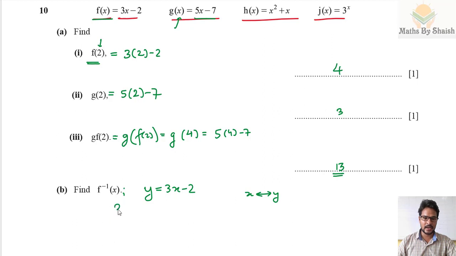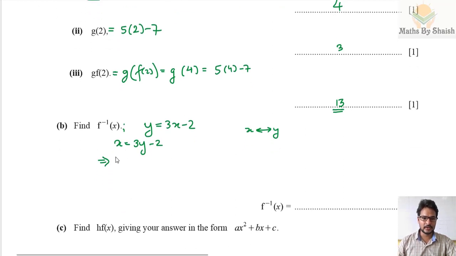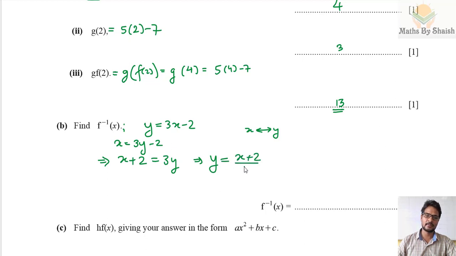We will get x equals 3y minus 2, and now we will make y the subject, so it becomes x plus 2 equals 3y, or from here we get y equals x plus 2, divided by 3, because we are dividing the whole thing by 3. The next step is to replace y by f inverse x, so directly we get f inverse x as x plus 2 over 3.